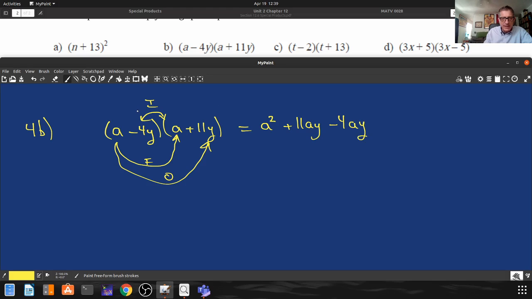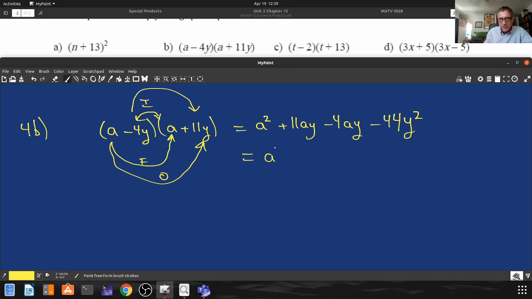And then my last, minus 4y times 11y is minus 4 times 11, which is minus 44, y times y, which is y squared. So the only thing we have to do is simplify these two middle terms. 11ay minus 4ay is plus 7ay, and then at the end I have minus 44y squared.